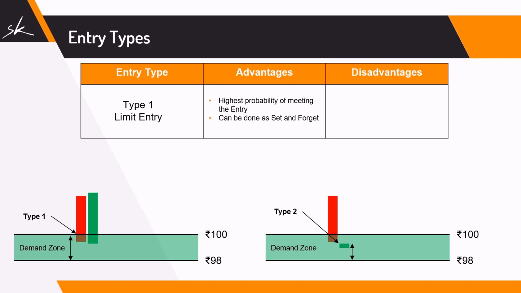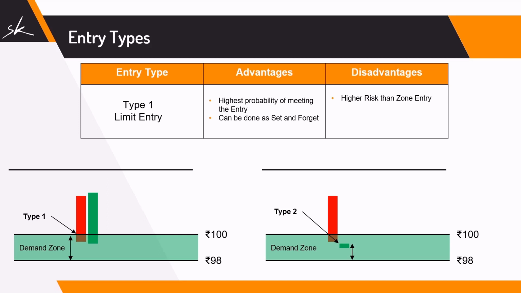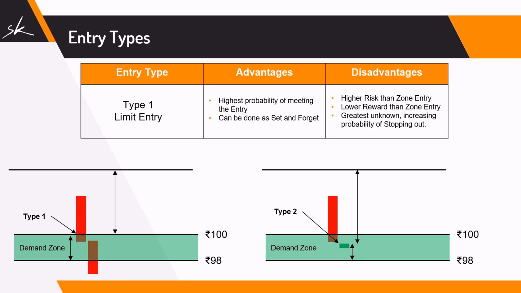So the first disadvantage of type 1 entry is it has higher risk compared to zone entry. If you look at the target, type 1 entry will have smaller reward compared to type 2 entry. And since we are not waiting for any bullish or bearish signals in case of type 1 entries, it also has the greatest unknown, which increases the probability of stopping out.